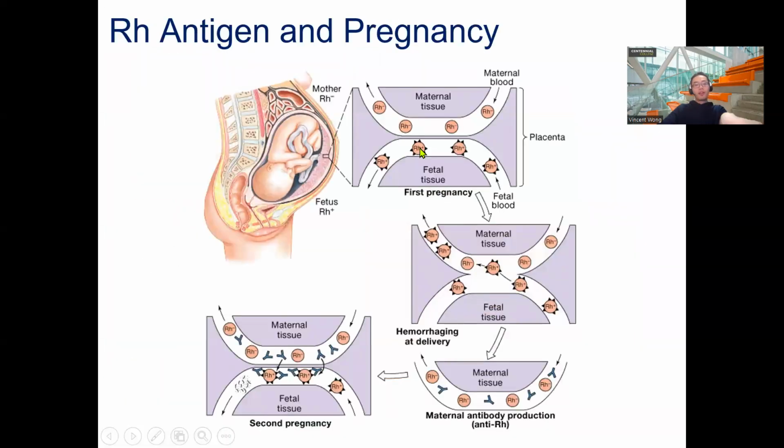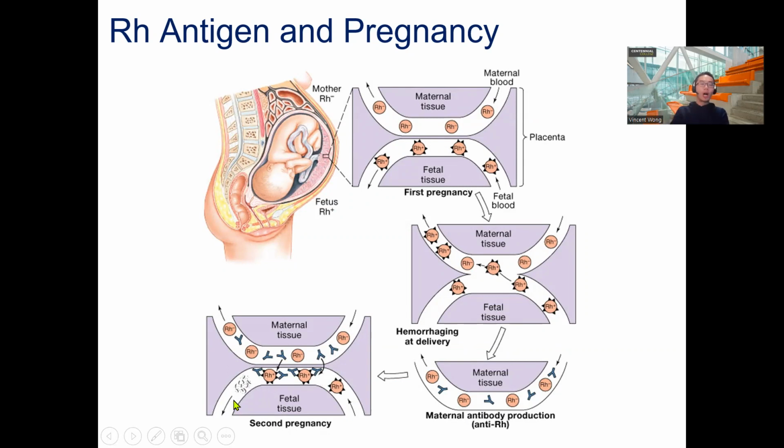Okay, so this is a professional drawing, right? Of what I was trying to show you earlier. In the first pregnancy, you can see there are no antibodies in the mother, but then at giving birth, because there was hemorrhaging, bleeding, that damaged the placenta, the baby's positive cells with all the spikes go into the mother, and then the mother will now have antibodies. In the second pregnancy, the antibody crosses the placenta and it causes the baby's cells to be destroyed, hemolysis.